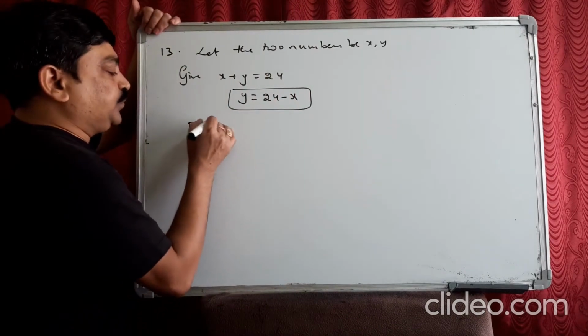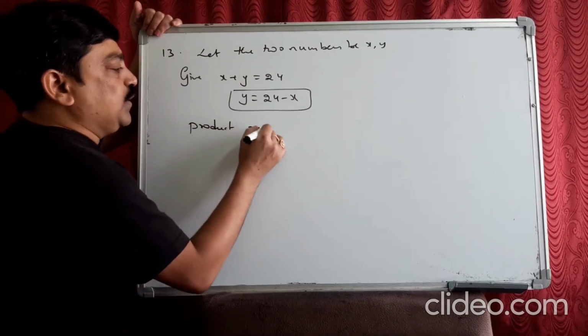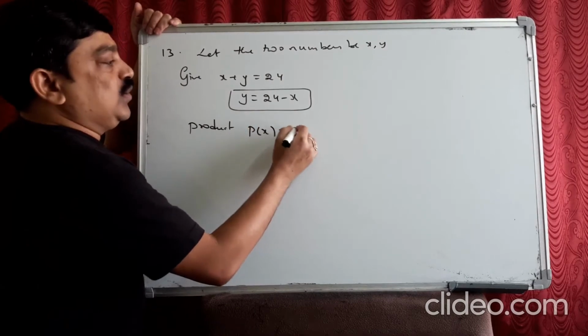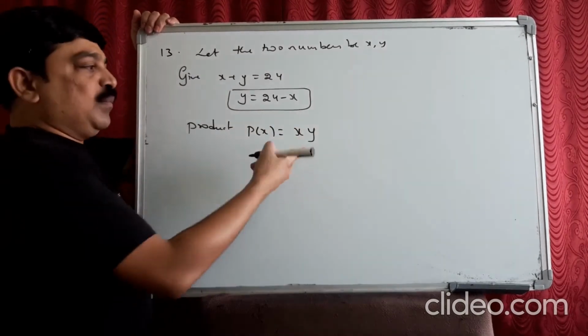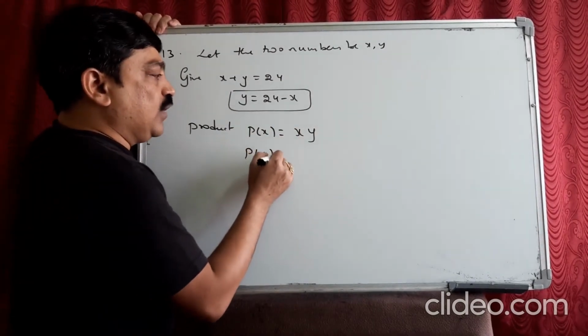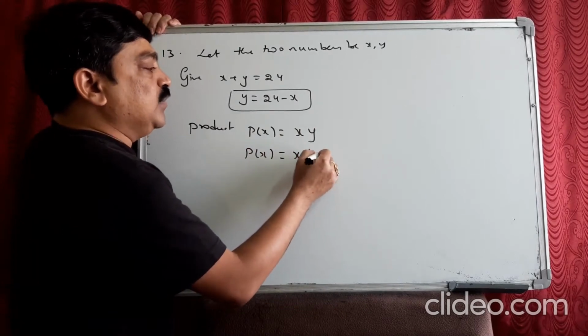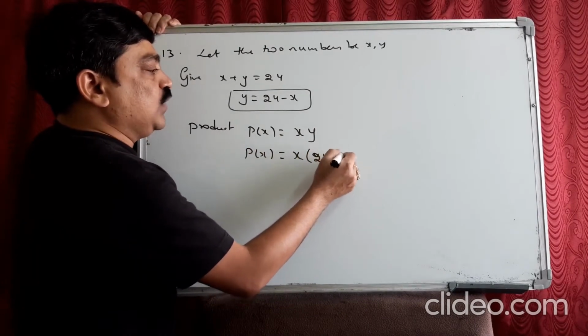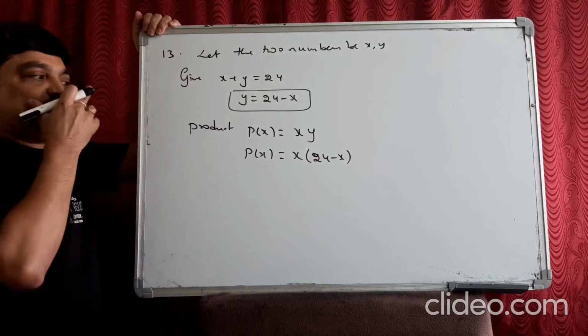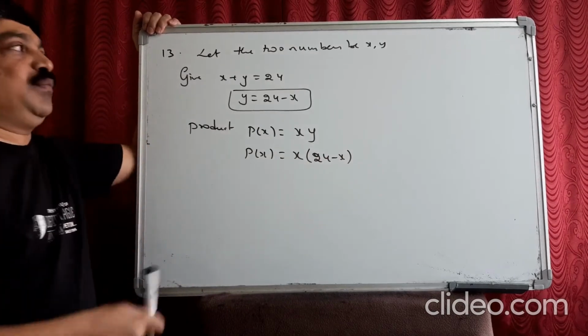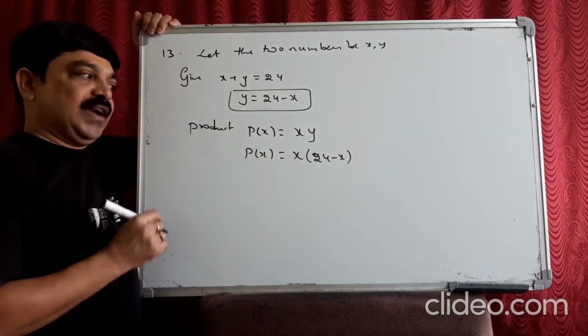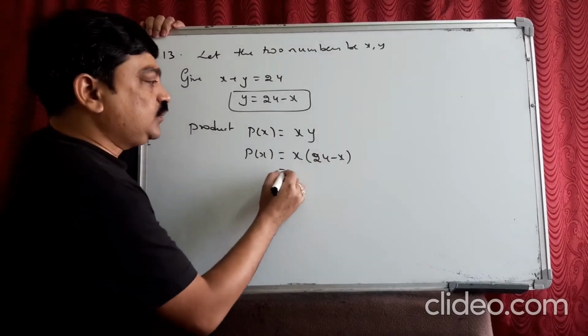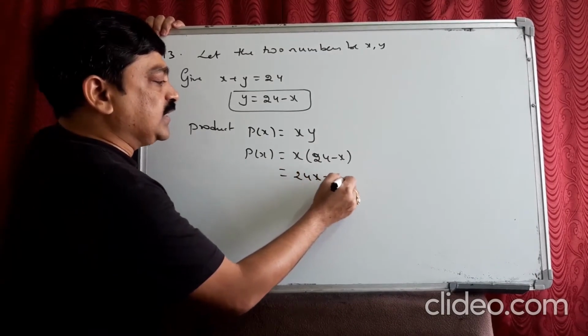So let us take the product as P of x, which is actually x into y. But why do I take P of x? I want to convert everything in terms of x, so y is 24 minus x. This is the product, and it should be maximum. So P of x is 24x minus x square.